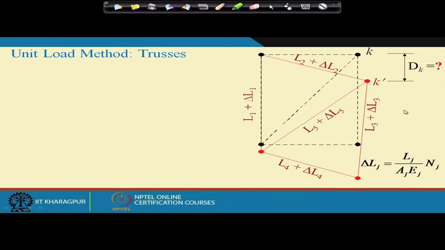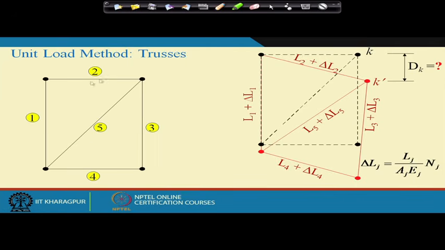Now, let us take the same truss and apply a virtual force at point K in the direction of dk. Because of this virtual force, suppose these are the corresponding reactions.